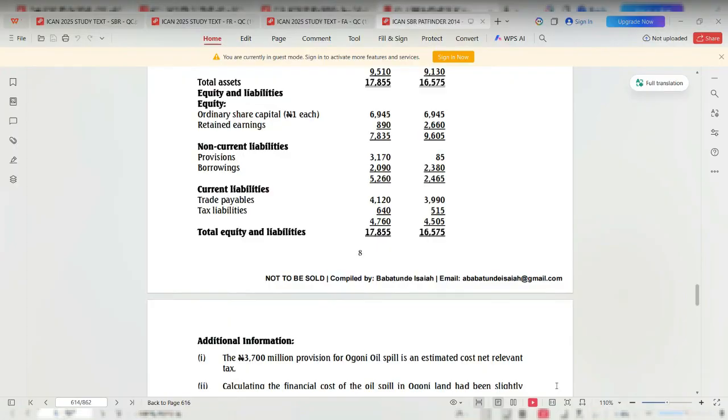Your profit before interest and tax is 3,195 plus 210, that is the interest, divided by 7,835 plus 2,090. 3195 plus 210. That's where I did rubbish. Okay, just correct yourself like that. That's one of the reasons why it is good to write as you are being taught.